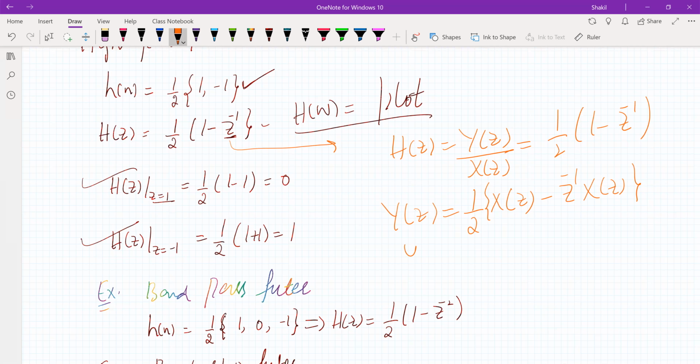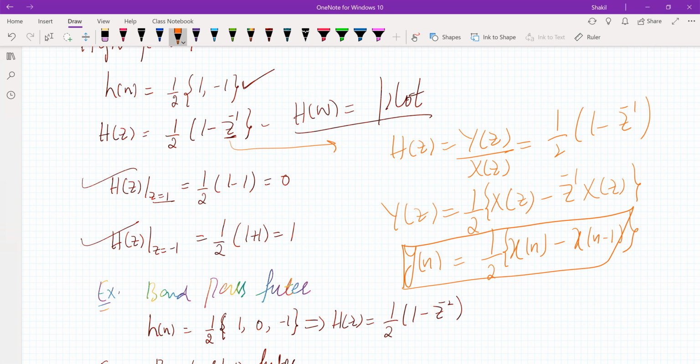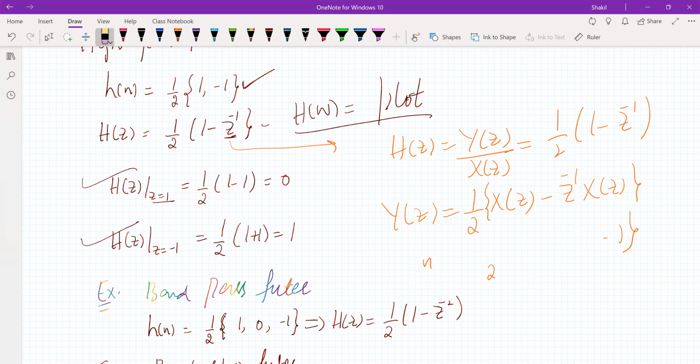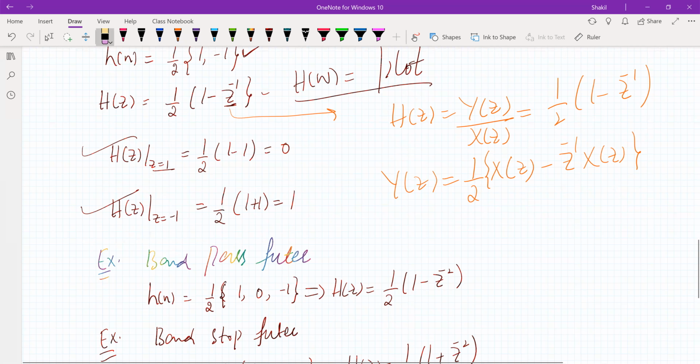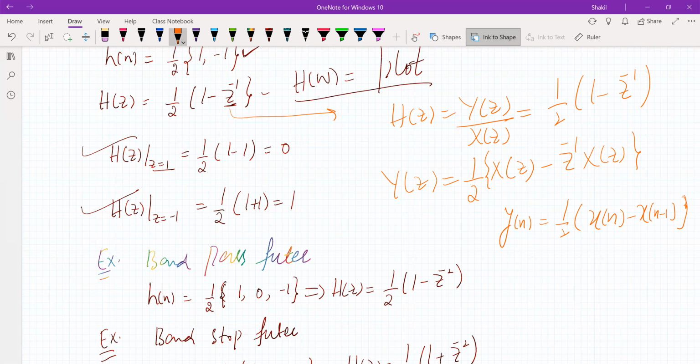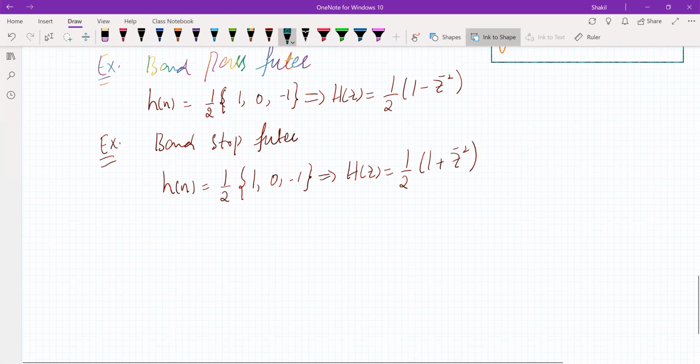So taking the inverse z transform, this will be y of n equal to 1 by 2 x of n minus x of n minus 1. So this is the difference equation of a high pass filter. Simple high pass FIR filter.